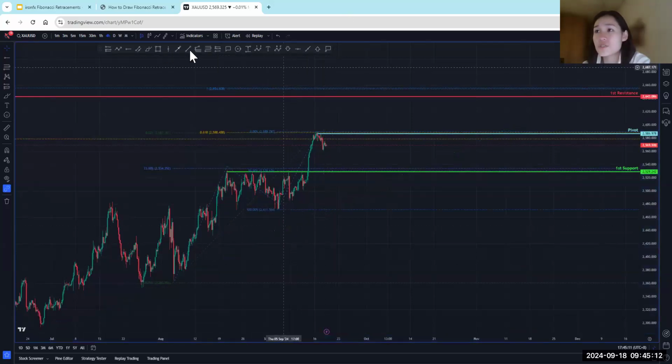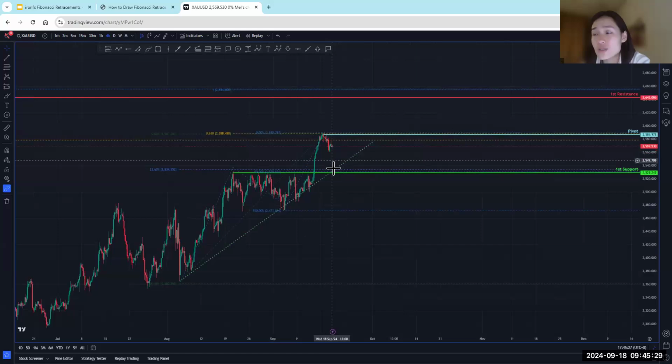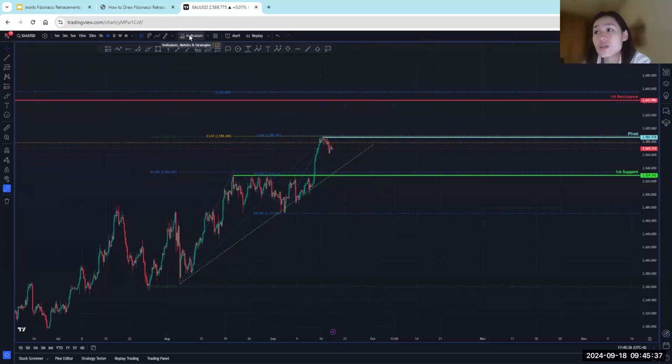I'm going to move this trend line, and draw a closer trend line because this trend line is more relevant since it's on the shorter time frame. So we might see prices continue to drop slightly towards our trend line before bouncing off, and it might continue upwards towards our first resistance.